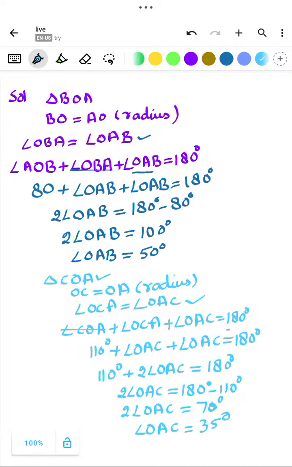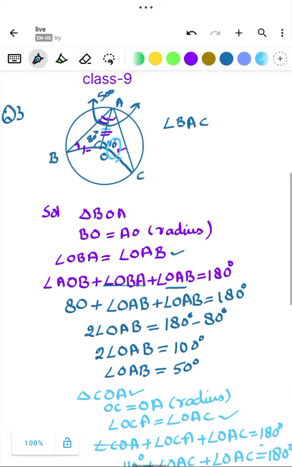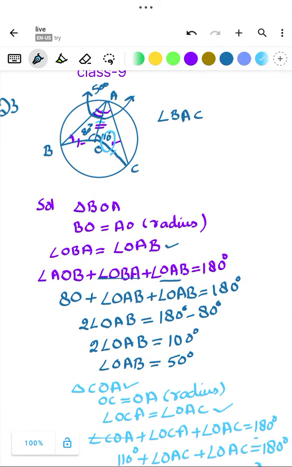Okay. Now in the question, angle BAC was asked. So BAC is this total angle.